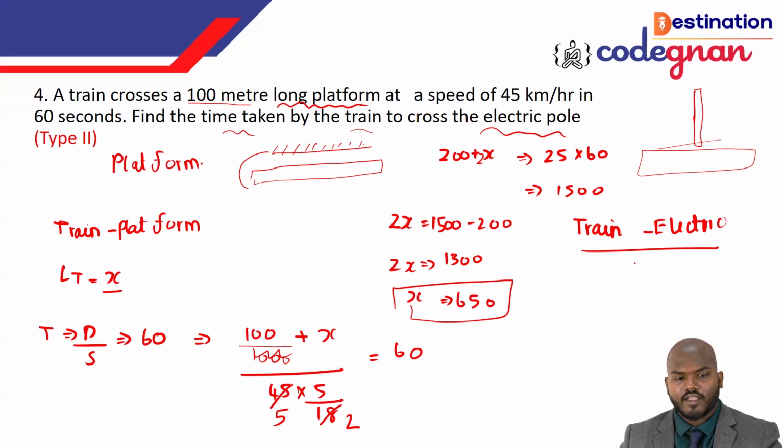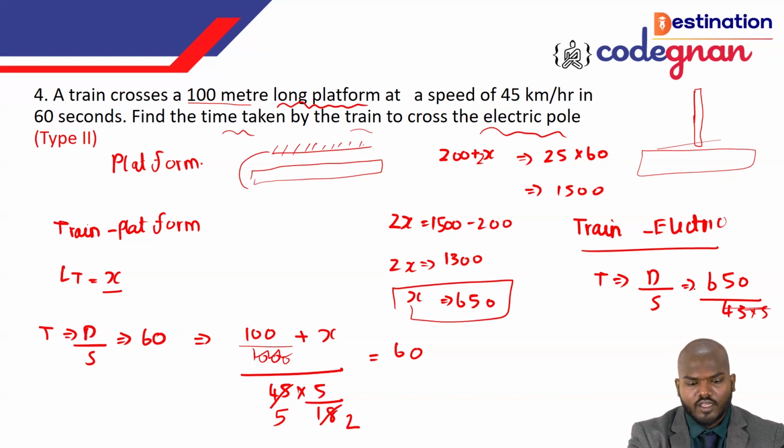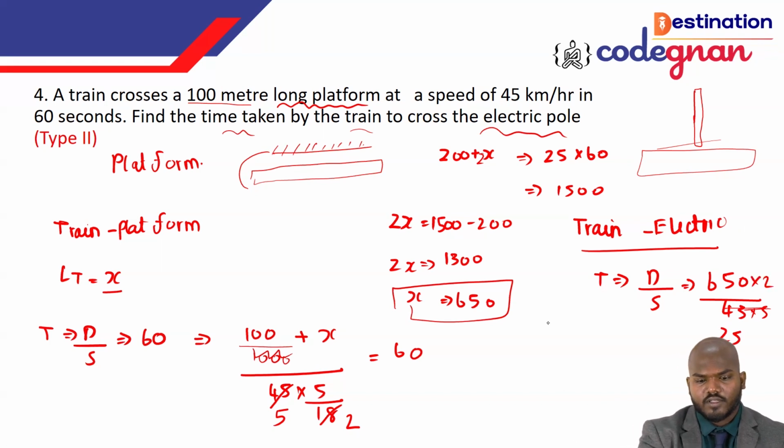Now you just apply the time. Time is equal to distance by speed. The distance is 650 meter, over 45 kilometer per hour. You convert it by 5 by 18, and here it will give you 25.